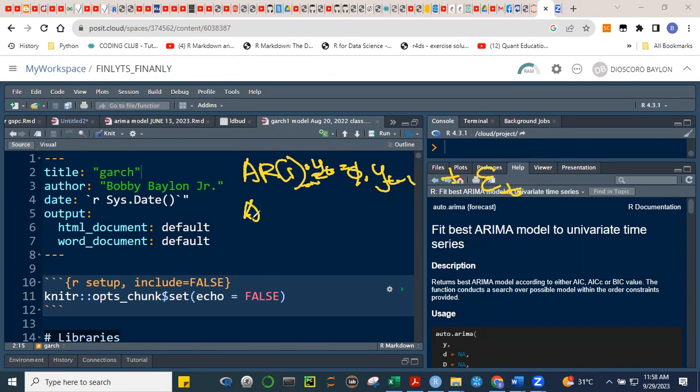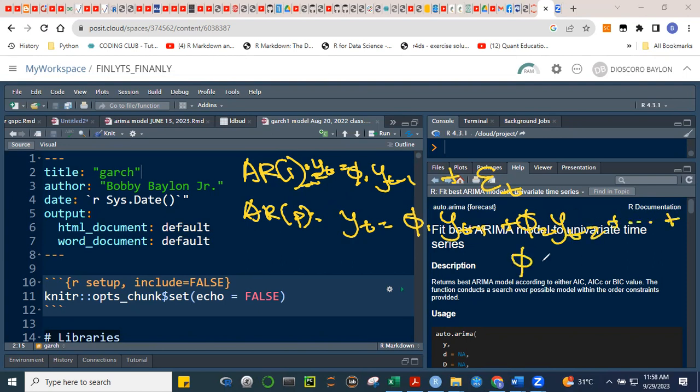And AR(p), as we know, quick review lang, assuming natin na no mean, is y sub t equal to phi1 y sub t minus 1 plus phi sub 2 y sub t minus 2 plus ... plus phi sub p minus 1 times y sub t minus (p minus 1), and then plus finally phi sub p times y sub t minus p.